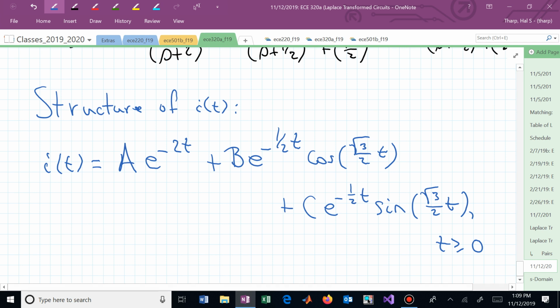Just with writing down that structure, do you see what i of t looks like? When are you no longer going to see i of t? When will it be gone? I don't know. Let me plug it into my calculator. No, you don't have to evaluate it.